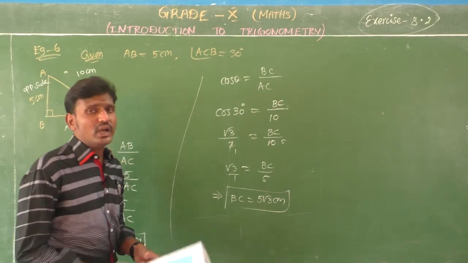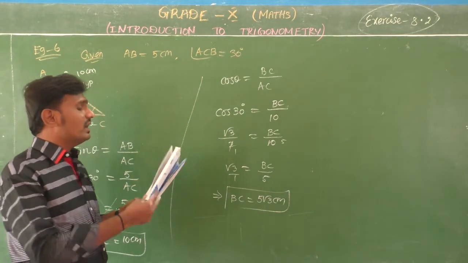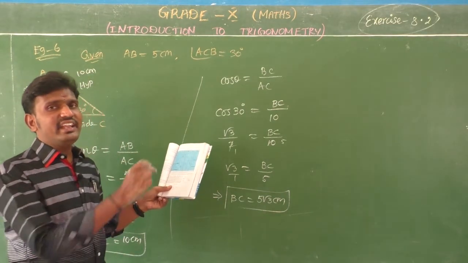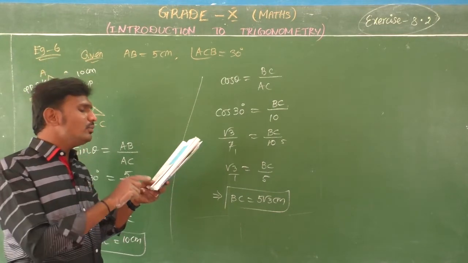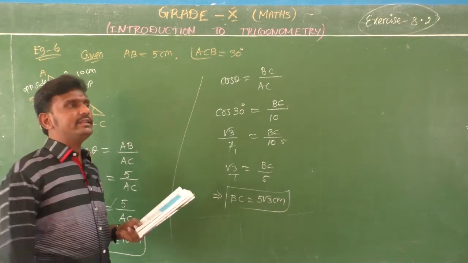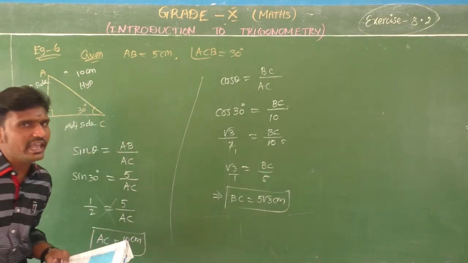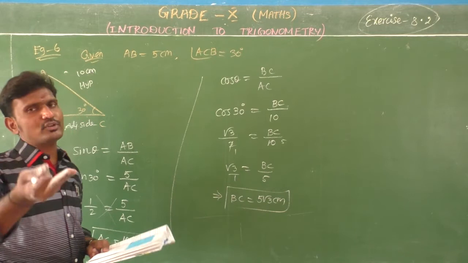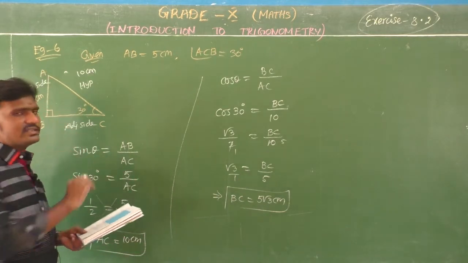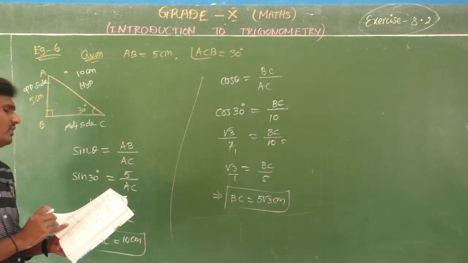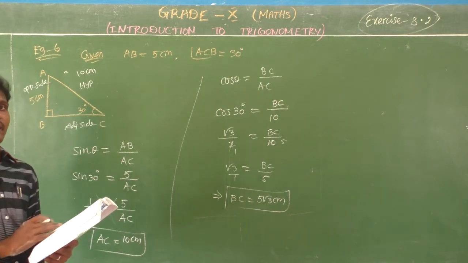Yes. Now look at the book, page number 185. It is given in a different way. That also you have to take. It's not a problem. In your book, they are taking tan theta, tan C. So tan C is equal to opposite side by adjacent side. Based on that you have to find the adjacent side. And one more thing, sin 30 they are taking.